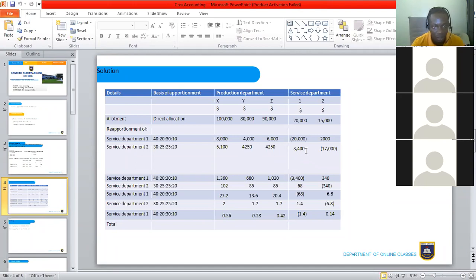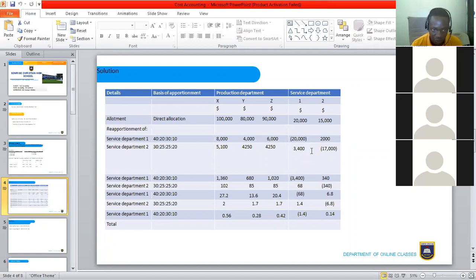All right. Whilst reapportioning service departmental costs, okay, for our second department, we realize that we had 3,400 for service department 1. Meaning we must share this figure also over the various departments.